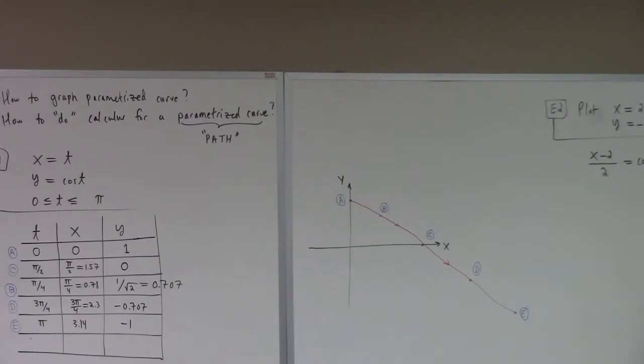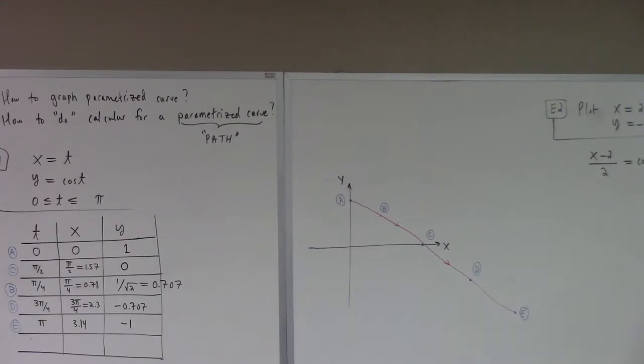So what I'm going to do is eliminate the parameter. If I eliminate the parameter, that will just give me an equation involving x and y. If I can do that, and if it's something I already know how to graph by our previous methods, I don't need to make this table of values. Although I have to be careful that the range of the parameter will still inform me of something.